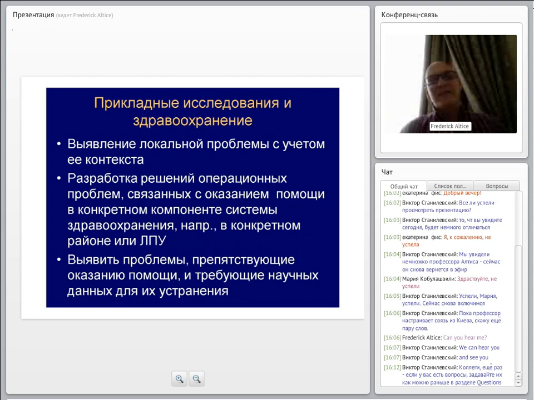Now, as it relates to healthcare, operations research, as I pointed out earlier, will typically focus on a local problem that will take into account the particular context in which it occurs. For instance, Hospital A may have a lot of nurses and a lot of doctors and relatively few, maybe just the opposite.